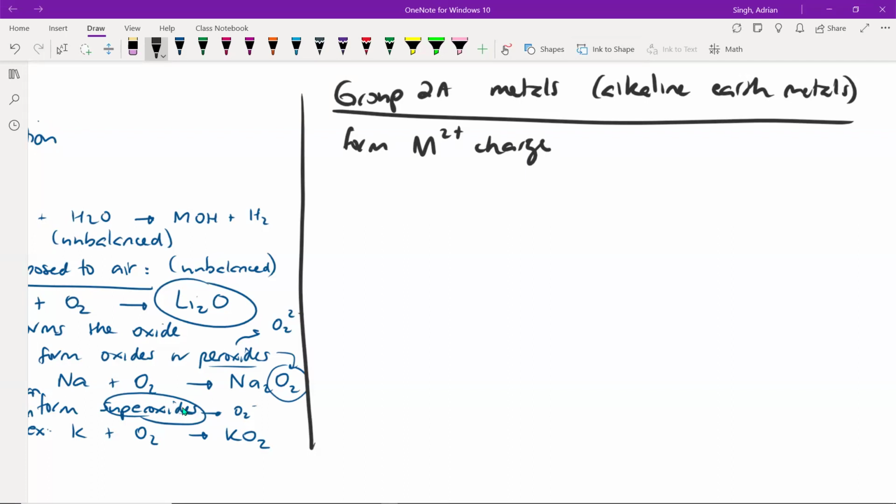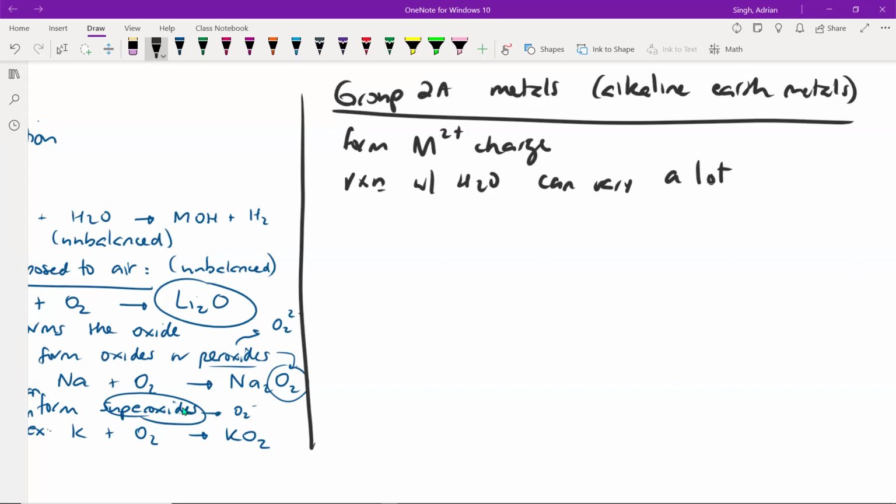The reaction with water can vary tremendously. So they can vary a lot. For example, beryllium does not react with water, but magnesium can react slowly with steam. And then calcium, and barium, and strontium, they can react vigorously even with cold water.